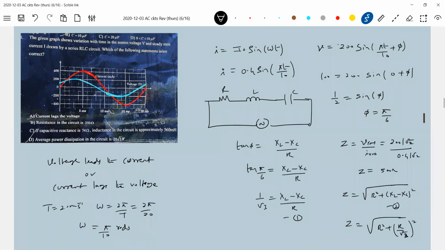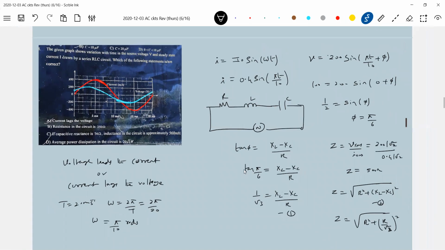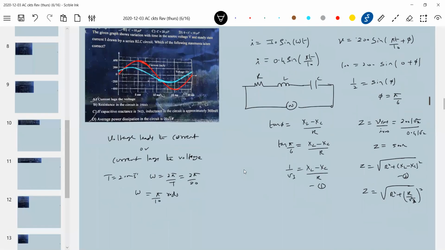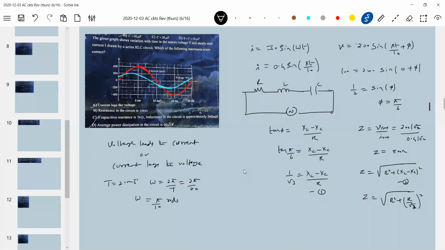At least let me find the value of R. Z equal to 500, R will come outside. This will be 2 by root 3, giving R equal to 250 root 3 ohm.